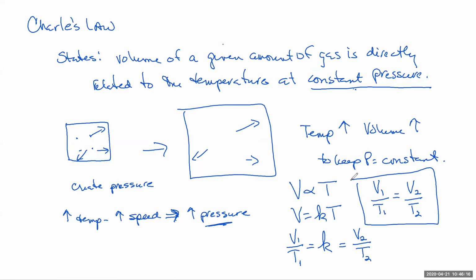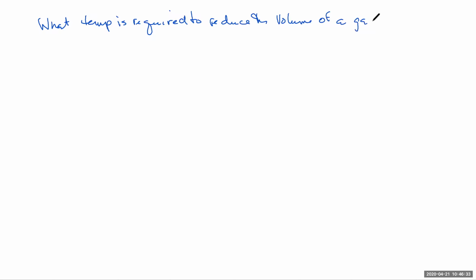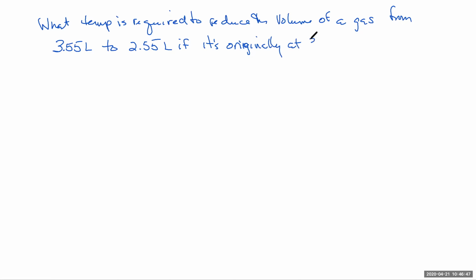So here's a problem that you could have to solve using Charles' law. What temperature is required to reduce the volume of a gas from 3.55 liters to 2.55 liters if it's originally at 35 degrees Celsius?